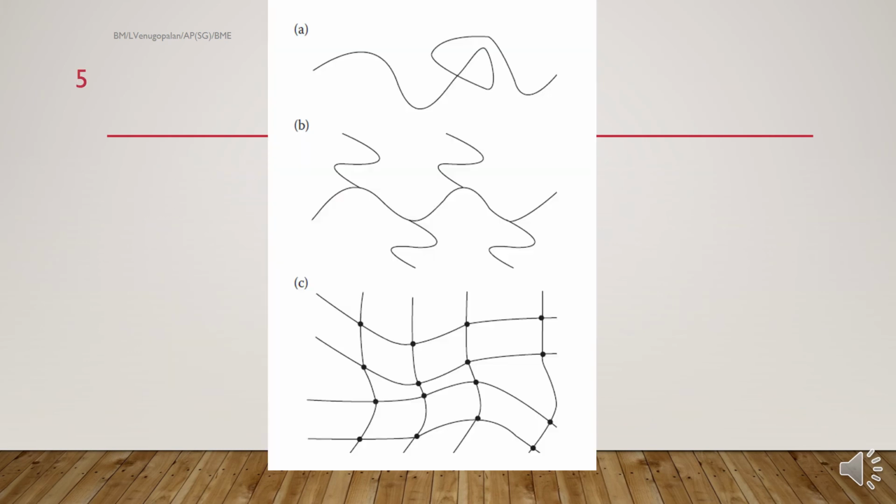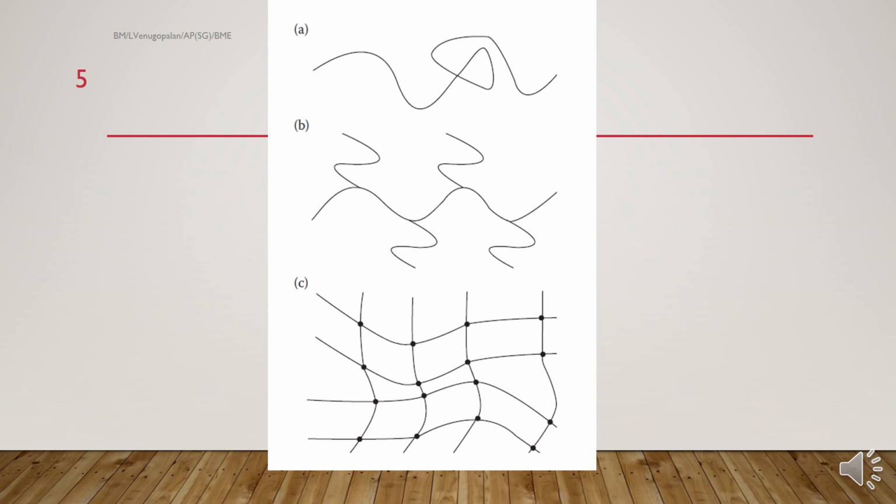Now here is an example of different types of polymers. This first one is a simple polymer because it's just a simple chain of polymers. The second one is a branched polymer because you can see grafts coming out of the main chain. So this is similar to a grafted polymer, right? The last one is cross-linked, where a mesh-like structure is formed in the polymer.